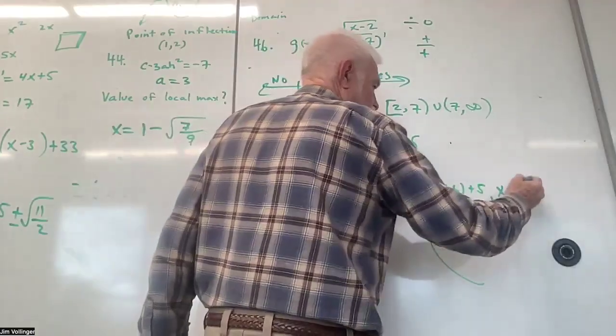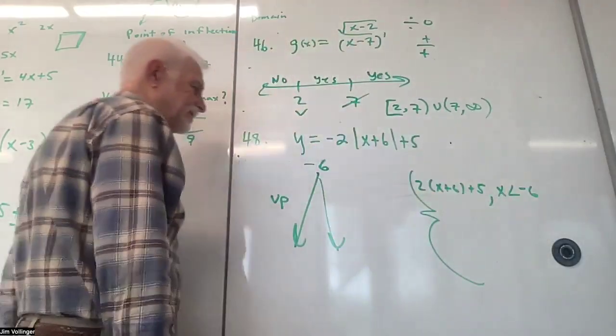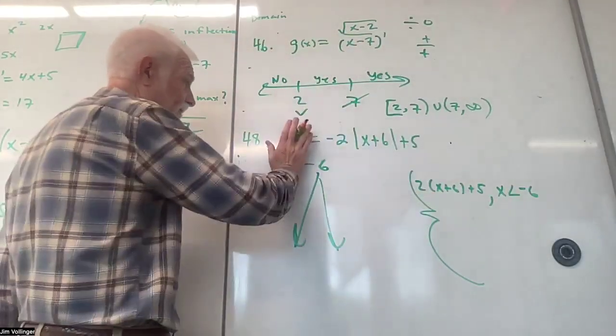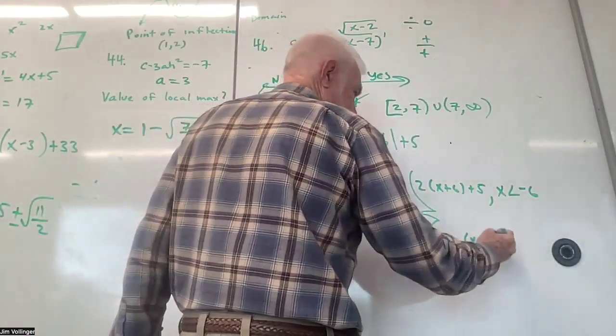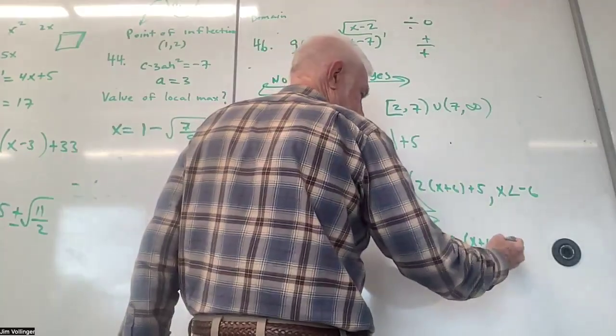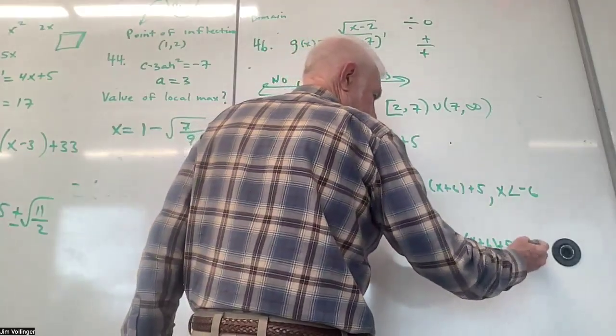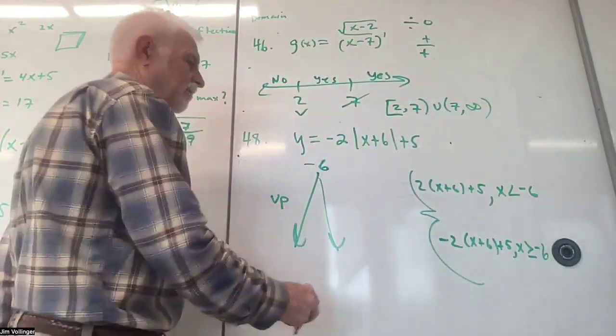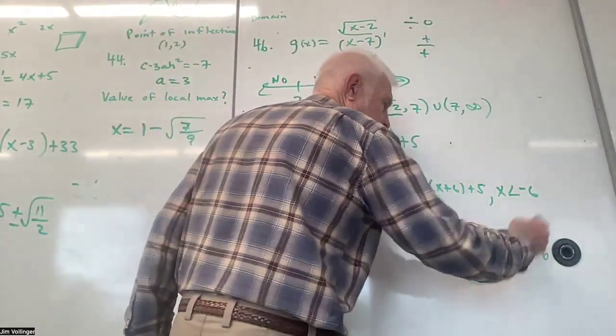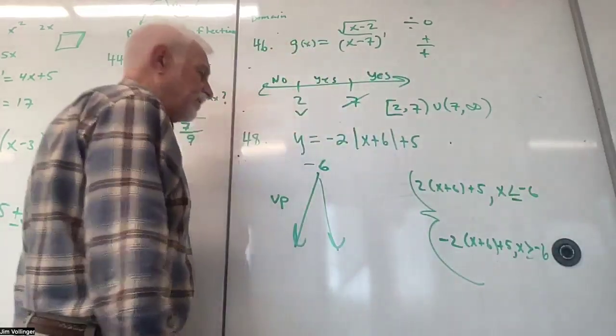So that's only going up for x is less than -6. Those are the numbers I have to pick if I want to be on the upswing. Down after -6. And I got to include -6 on one of them. It doesn't matter which one. I usually use the bottom, but it could have been there just as easily.